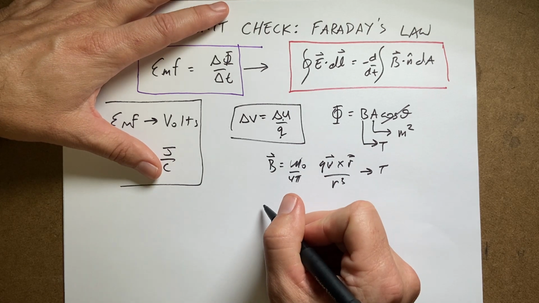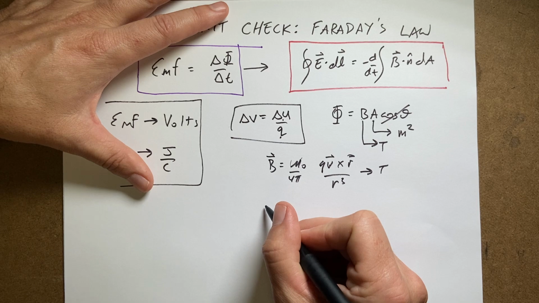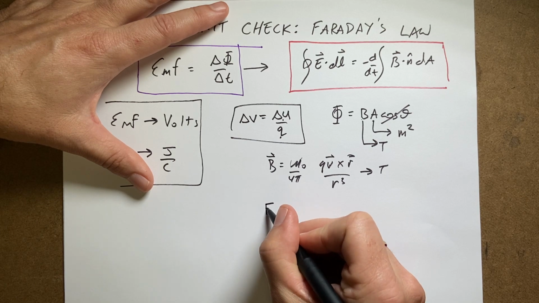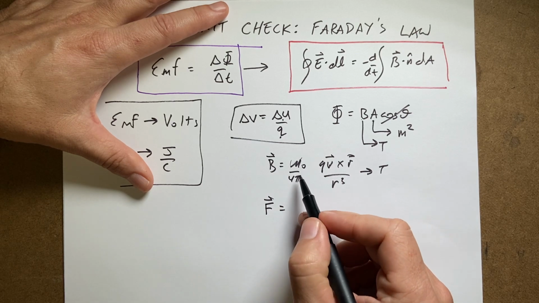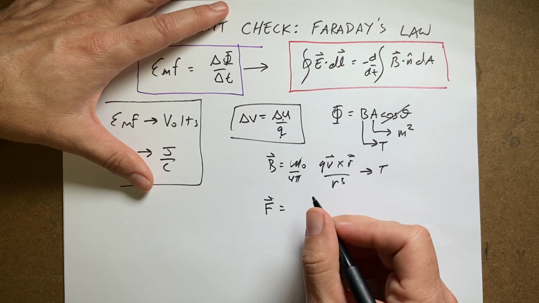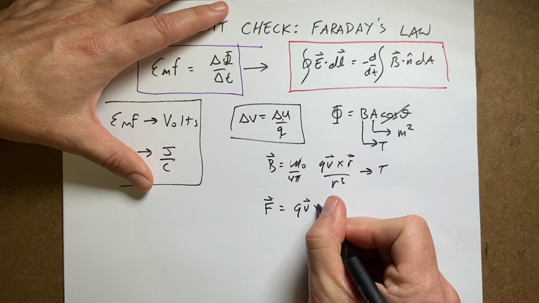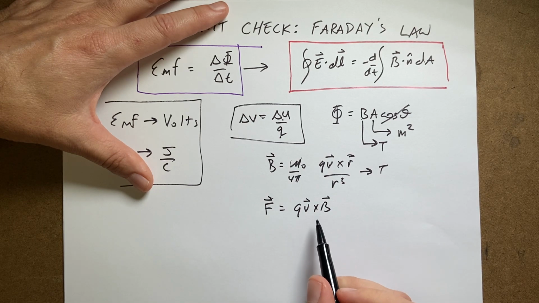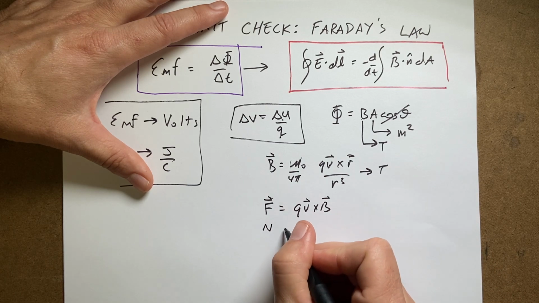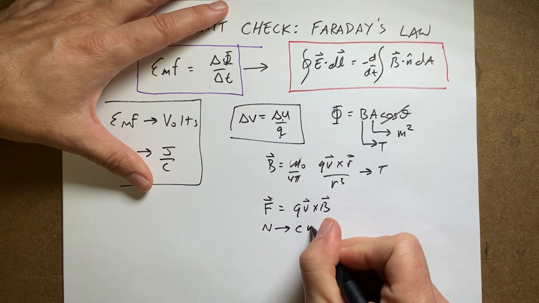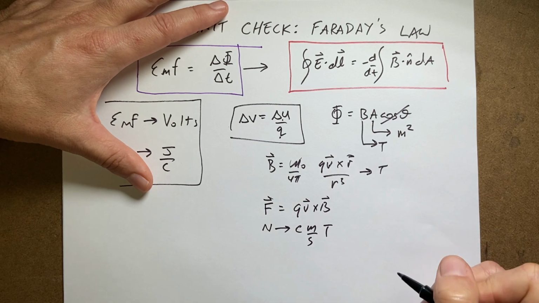And how about this? How about F, the magnetic force, is q v B, right? So it's q v cross B. There. So now this has units of newtons, and that has units of coulombs, meters per second, Tesla.